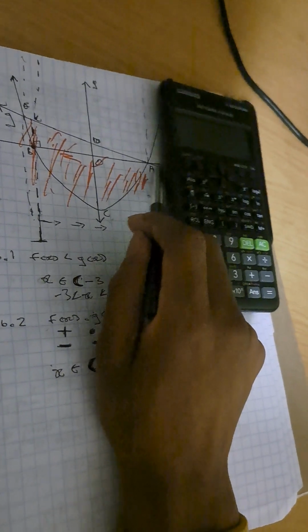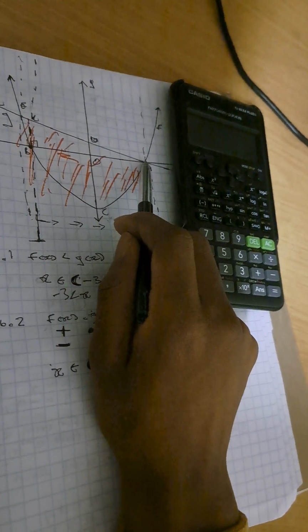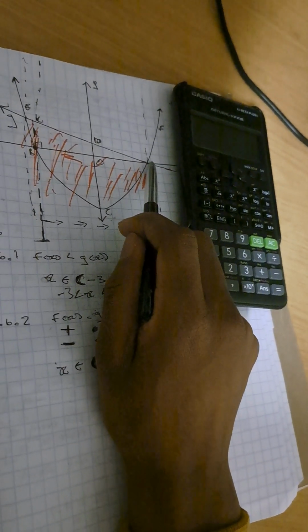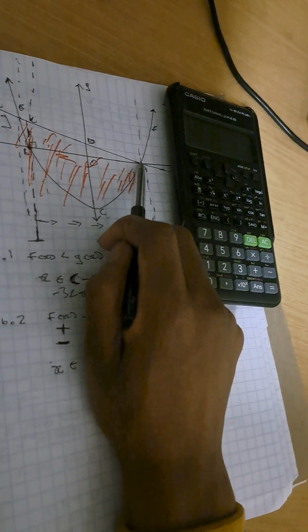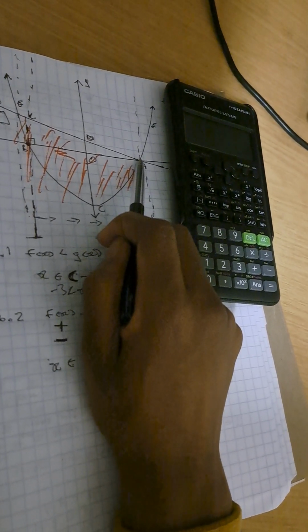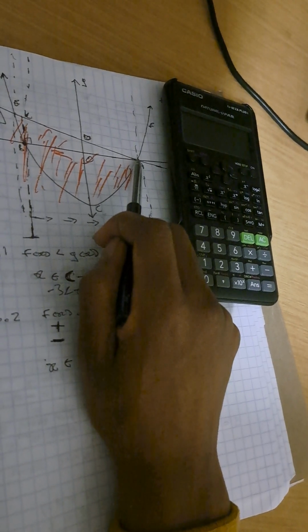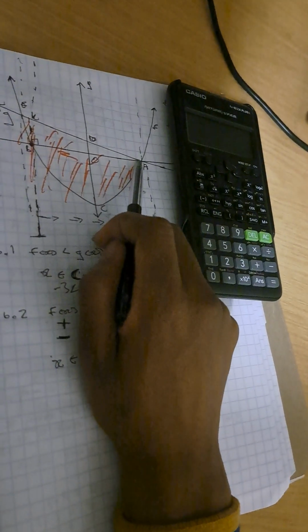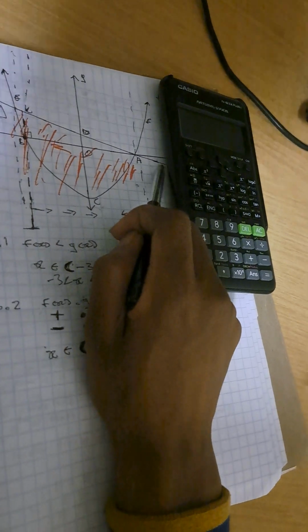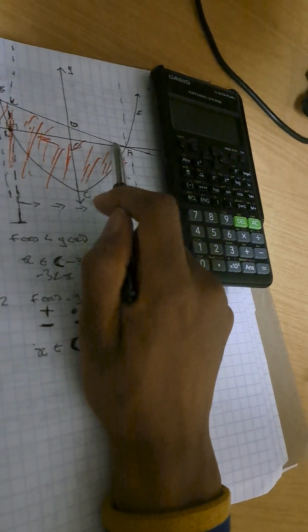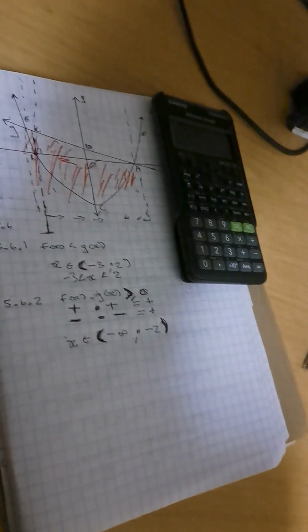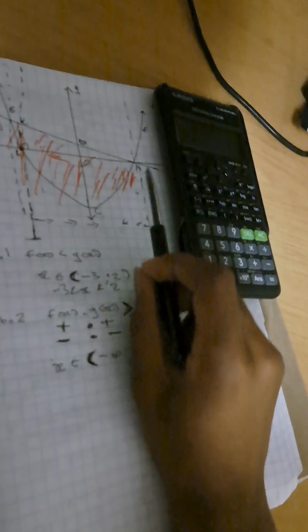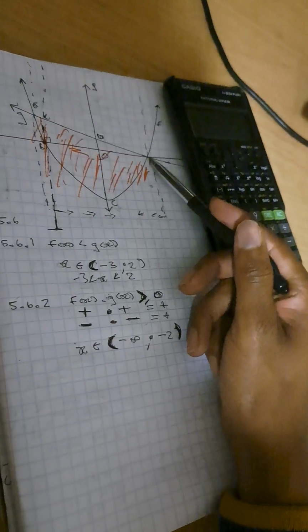They meet, and after meeting, your linear function becomes negative. I don't know why it's becoming negative, but then your parabola becomes positive. See, it's like they're going in opposite directions. It's weird, bruv. So after the intersection, we don't have our case anymore.